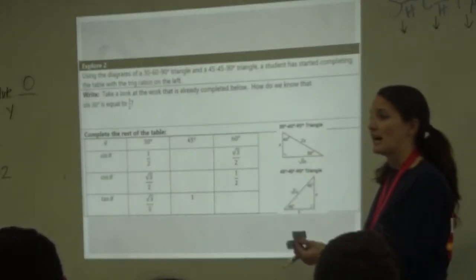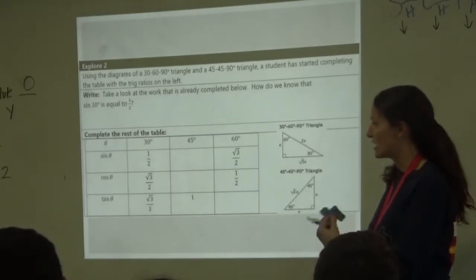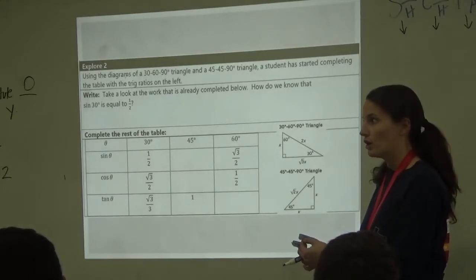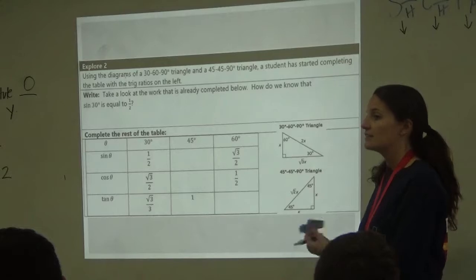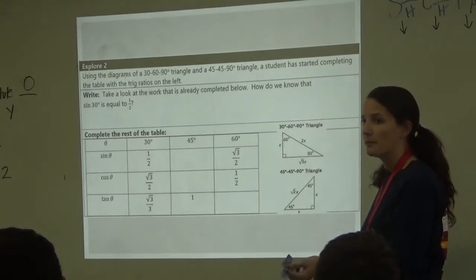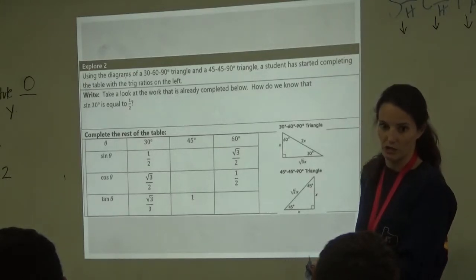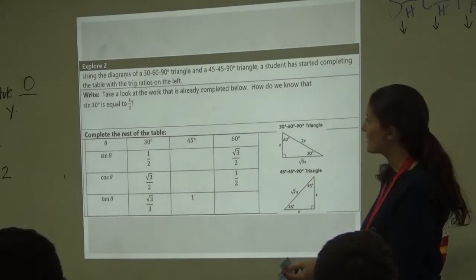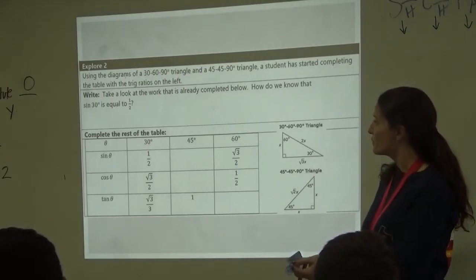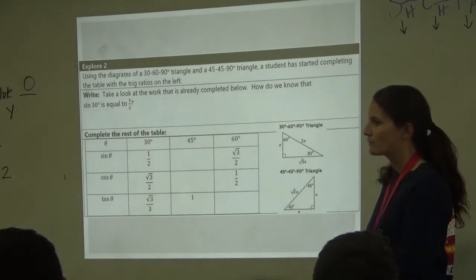We can use that to find the sine, cosine, and tangent of all of these sides. And these are going to be ones that are really common that we're going to end up memorizing on the unit circle. So for example, this student already filled out a few of them, and there are some blank ones that you could figure out.